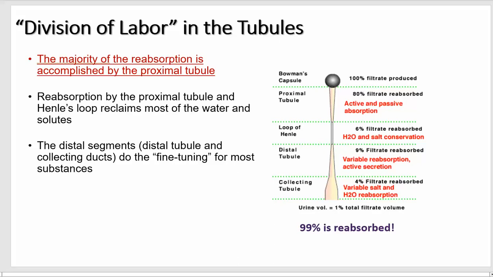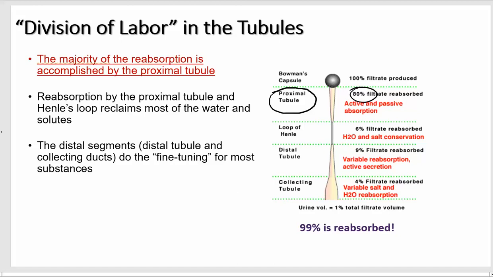All right, so the division of labor. Different things happen in different places, and most of this reabsorption takes place in the proximal tubule. We have like 180 liters that move through your kidneys every day and only 1 to 2 liters make it out as actual urine, which means a lot of reabsorption takes place. Most things are reabsorbed, and 80% of that happens in the proximal tubule.